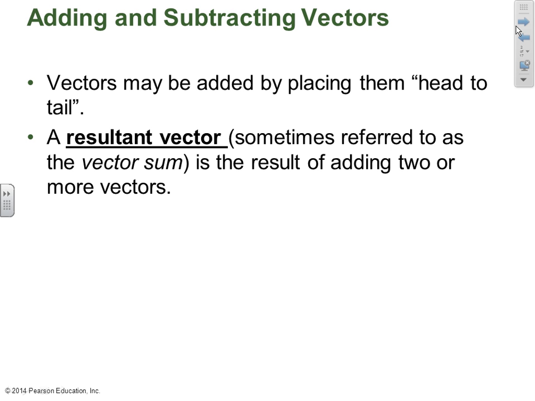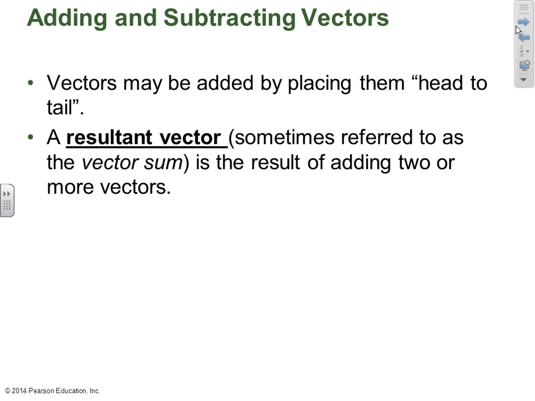The resultant vector, or the vector sum, is generally what we're going for in this situation, and usually a lot of times too, because very rarely do we have only one vector quantity affecting a situation. More often than not, we're going to have to take into account lots of vector quantities, and that means that we have to add all of them together to find the combined effect of all of them.